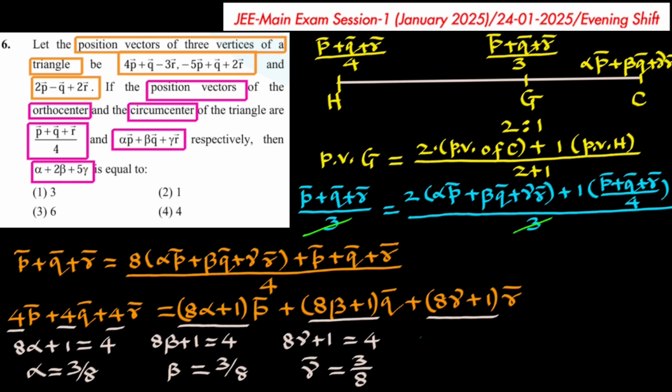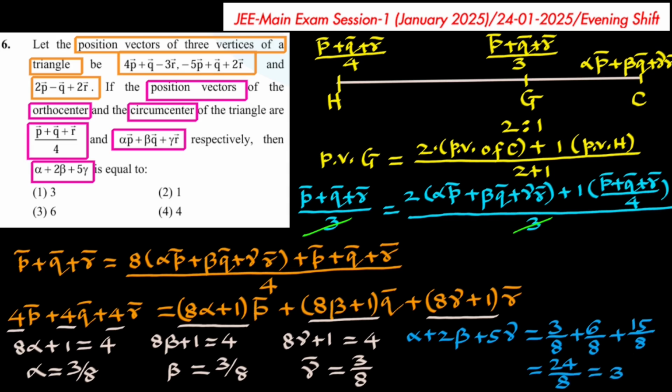Now the value of alpha plus 2 beta plus 5 gamma will be 3 upon 8 plus 6 upon 8 plus 15 upon 8, which is 24 upon 8, that is 3. Hence the required value is 3. The correct answer is option 1, 3.